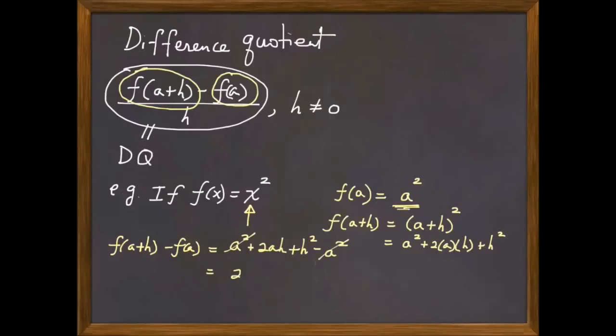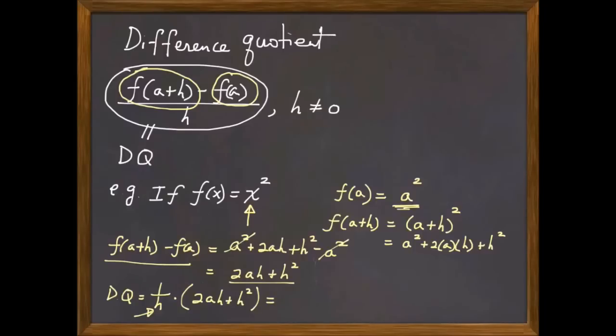This reduces down to 2ah plus h squared. Now we're ready to put it all together into the difference quotient formula. So the difference quotient now is what we've just found divided by h. Well, that is the same as doing 1 over h times this quantity, 2ah plus h squared. You're going to see this a lot.